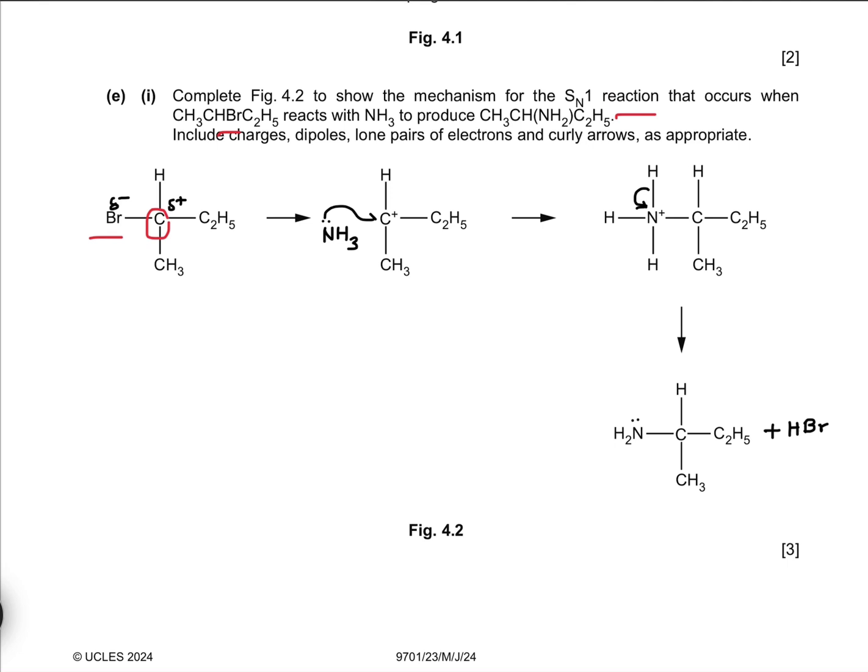So here the ammonia will act as a nucleophile, with the lone pair of electrons on nitrogen attacking the partially positively charged carbon. Now what will happen? We will get this intermediate with a positive charge on nitrogen.